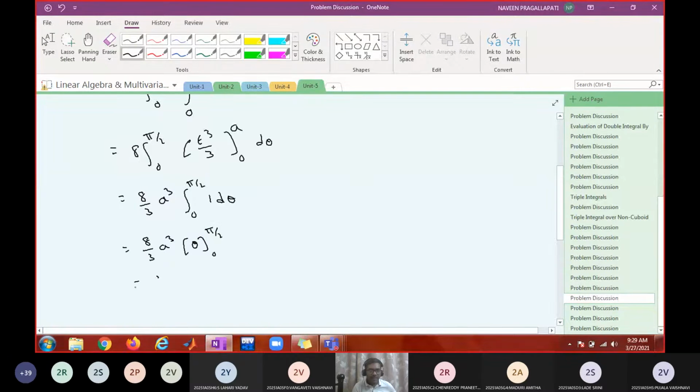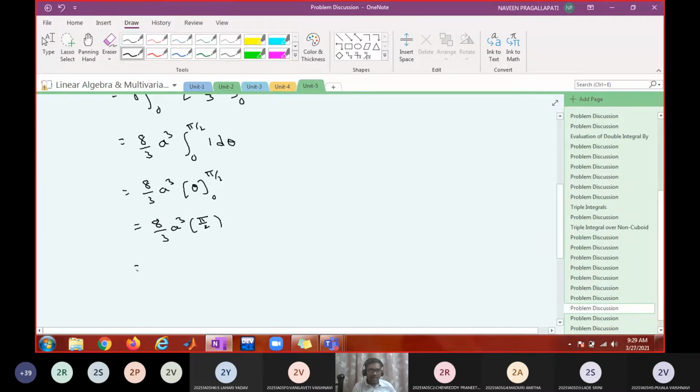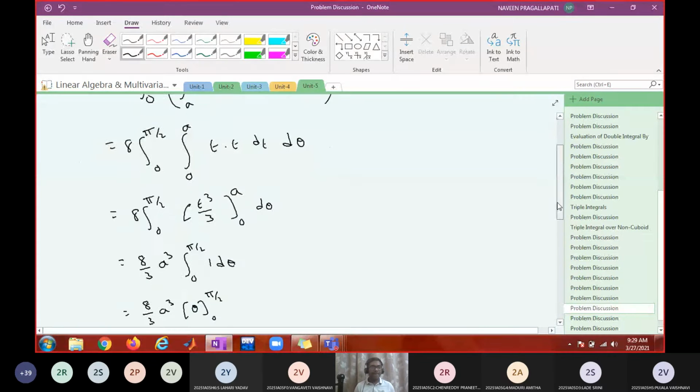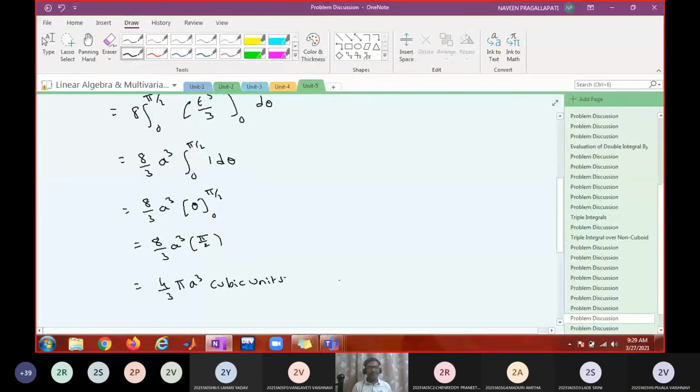This is 8 by 3 a cube into pi by 2. So this means 4 by 3 pi a cube cubic units. Is this clear to all of you?